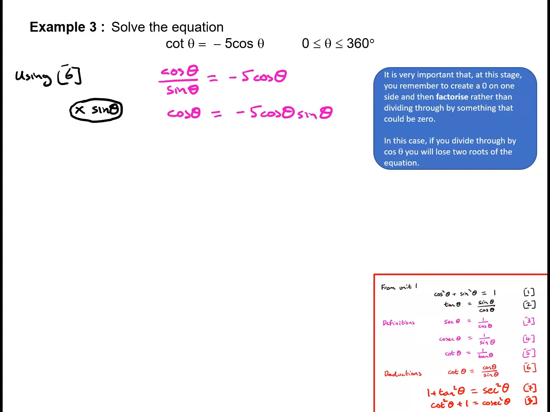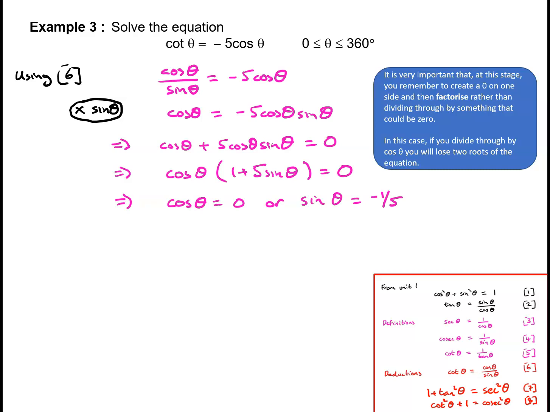Pushing everything onto the left hand side, we've got cos theta plus 5 cos theta sine theta must equal 0. That implies that we've got cos theta times 1 plus 5 sine theta equals 0. That's our factorisation stage, which means that either cos theta equals 0 or sine theta equals minus 1/5.